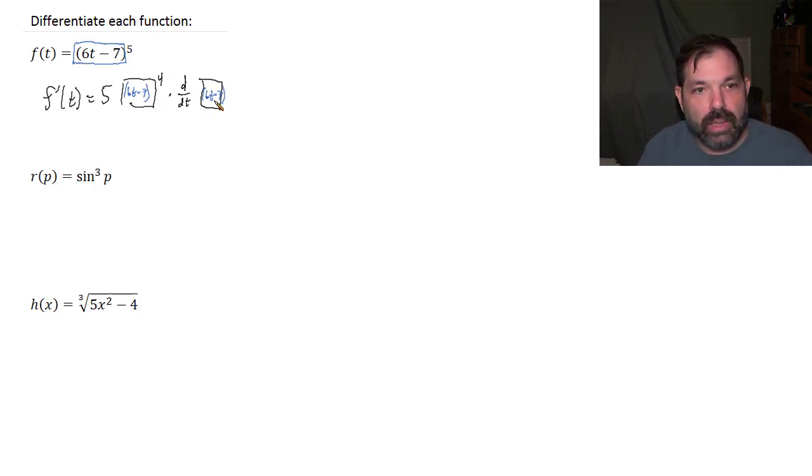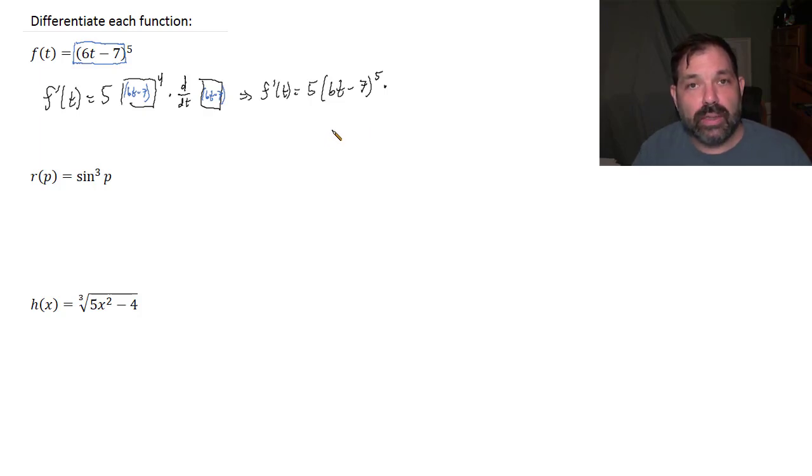So that means that f prime of t is 5 times the quantity 6t minus 7 to the 4th power. Now the derivative with respect to t of 6t minus 7 is just 6. So I'm just using rules that I've learned in the past. Now what I would do from here is simplify this a little bit. We can easily combine the 5 and the 6 because they're factors. 5 times 6 is 30.